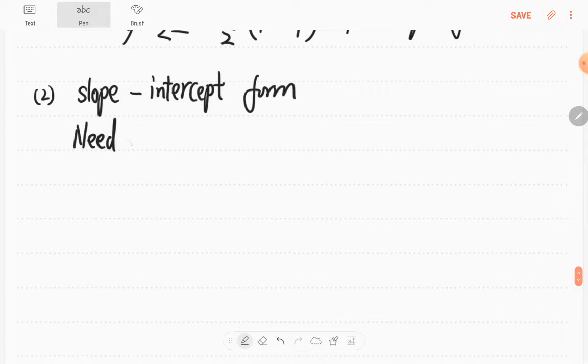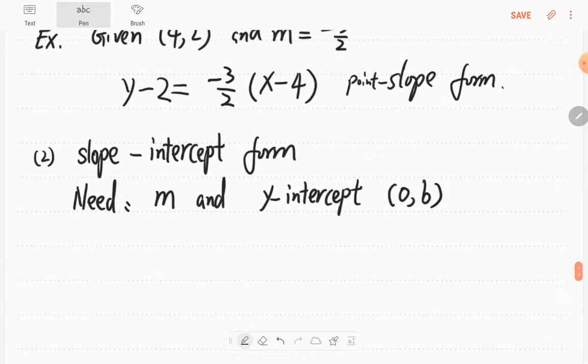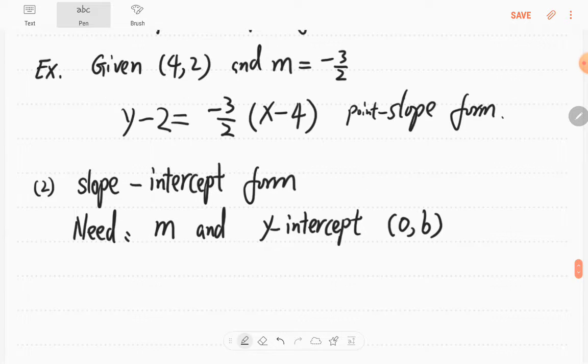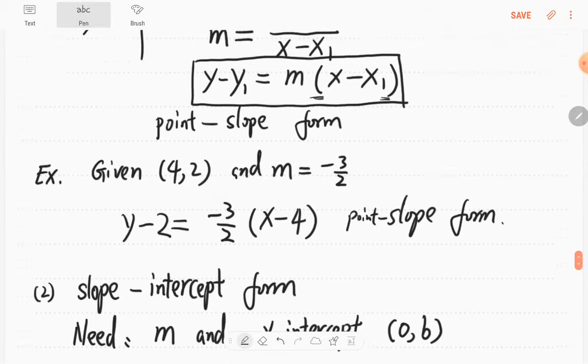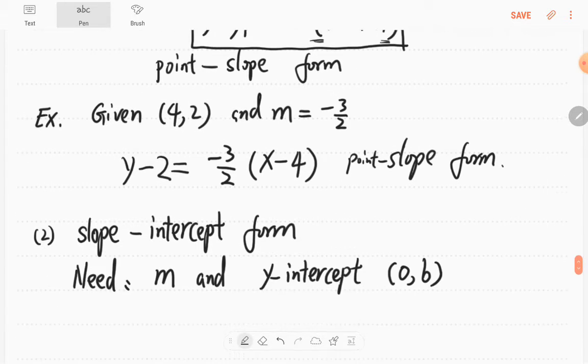We need the slope m and the y-intercept, which is (0, b). If we have these two, the y-intercept is also a point on the line, so we just plug into the point slope form. It will give you the slope intercept form.